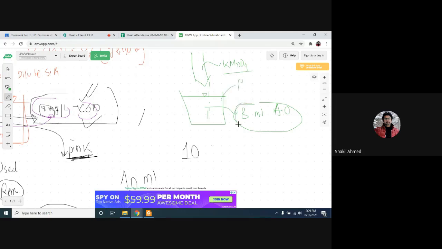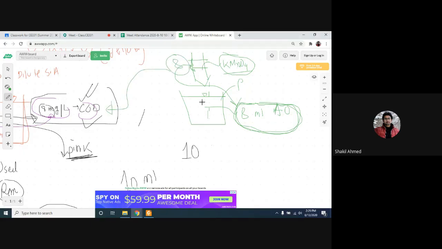That means all the 8 ml of ammonium oxalate has been oxidized by potassium permanganate, and the reading you get from here is equivalent to this 8 ml of ammonium oxalate, right or wrong? So you got 8 from here, and that's basically your COD.